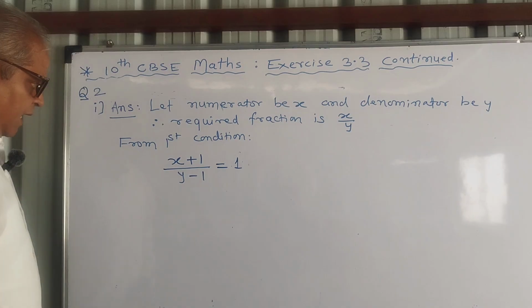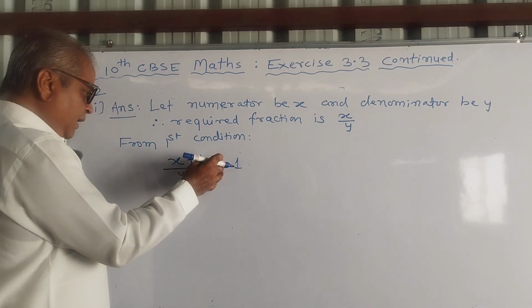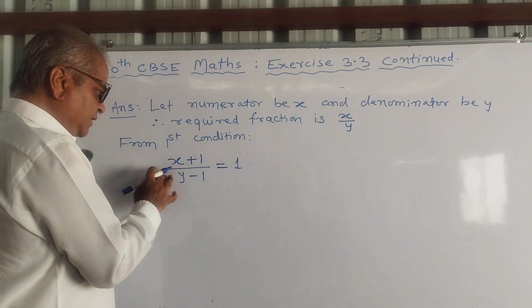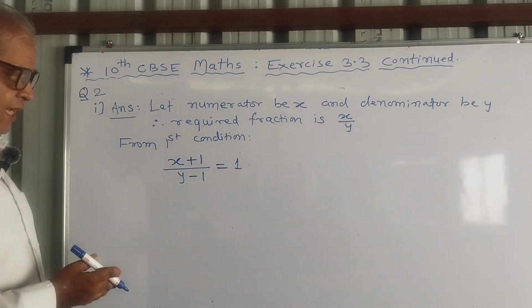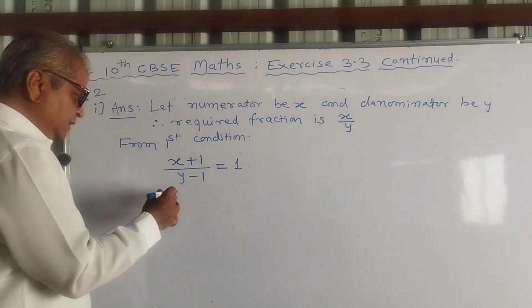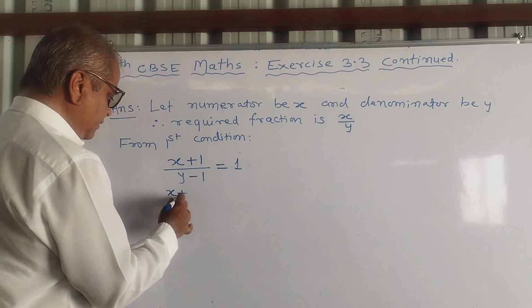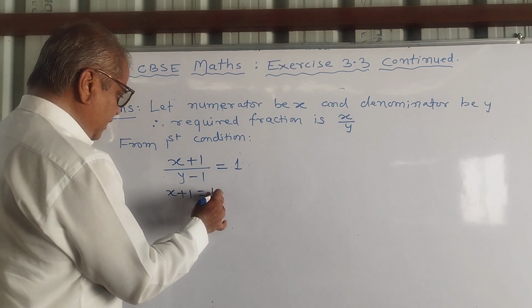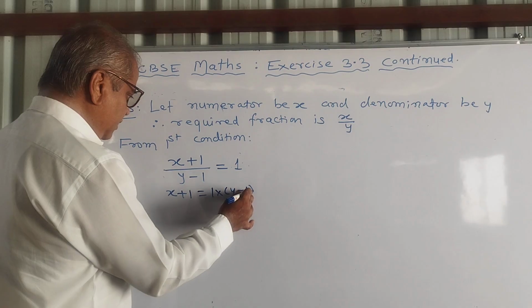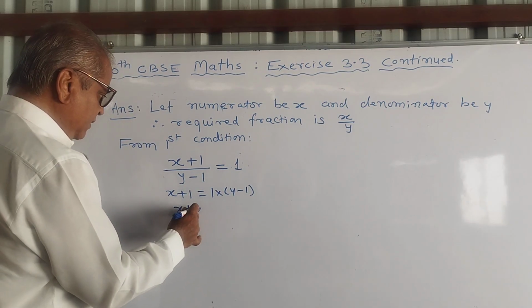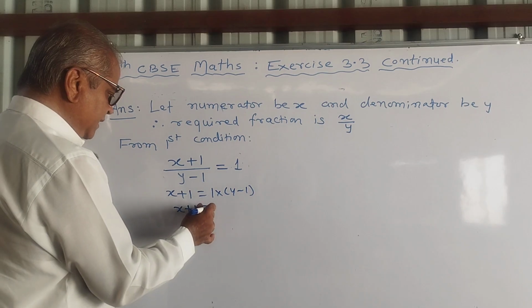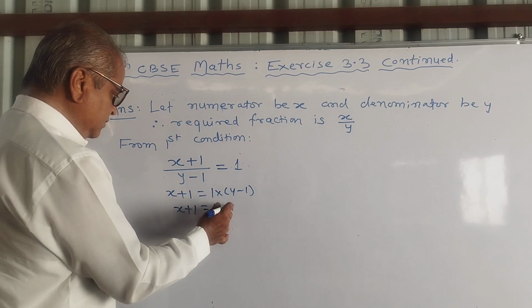Now here, on the left of the equals to sign there is a fraction, and on the right there is 1, that is 1 upon 1. So we can cross multiply it. So x plus 1 is equal to 1 into y minus 1. So this is cross multiplication. So x plus 1 is equal to 1 into bracket y minus 1.